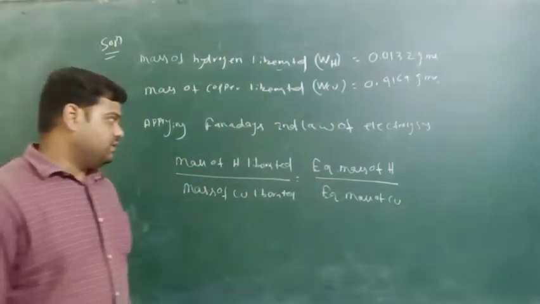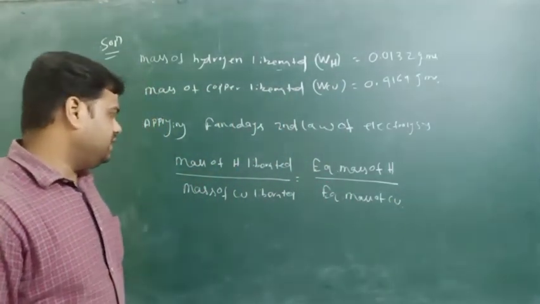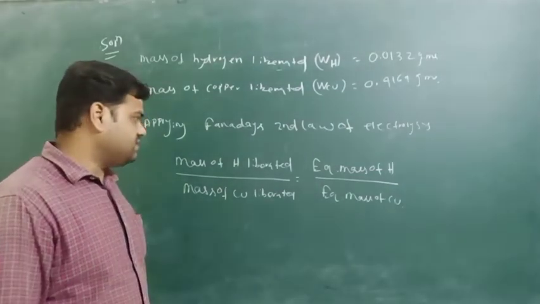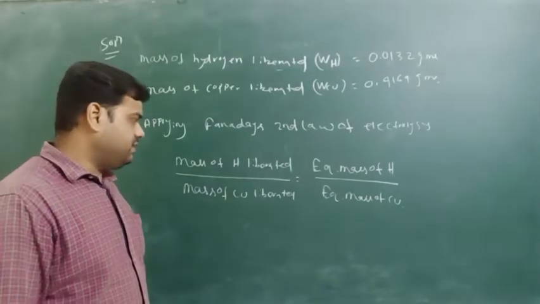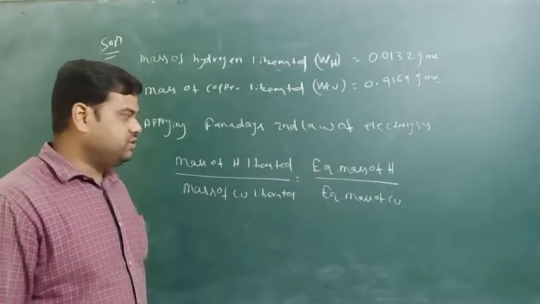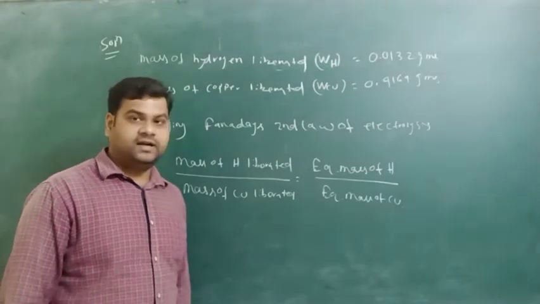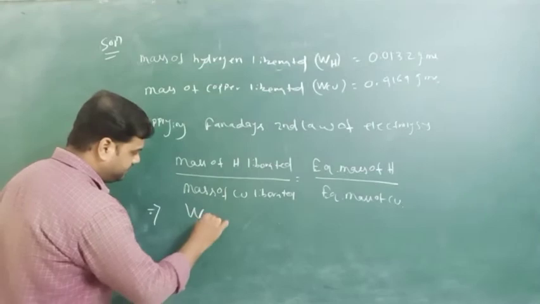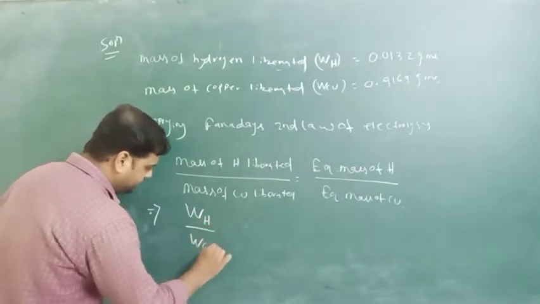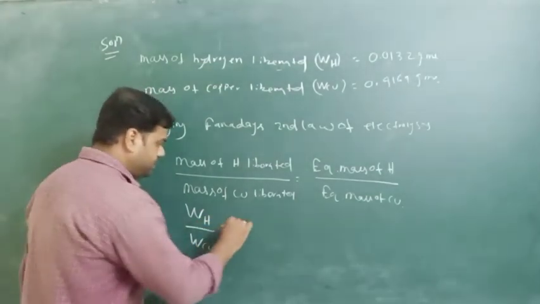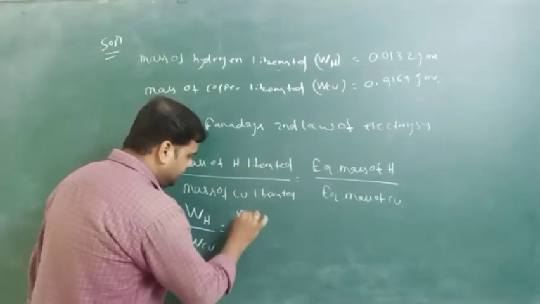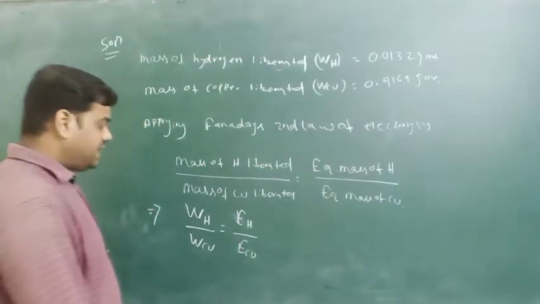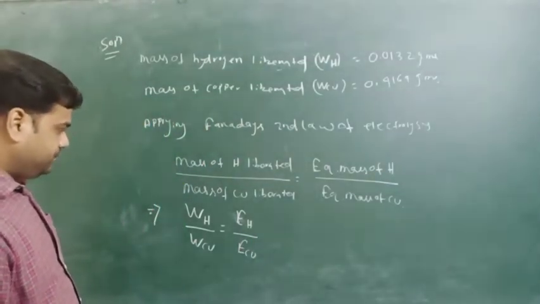From Faraday's second law we know that W is directly proportional to E. It means the ratio of masses of hydrogen and copper is equal to the ratio of their equivalent masses. That is, WH by WCu is equal to EH by ECu. We have to calculate the value of ECu.